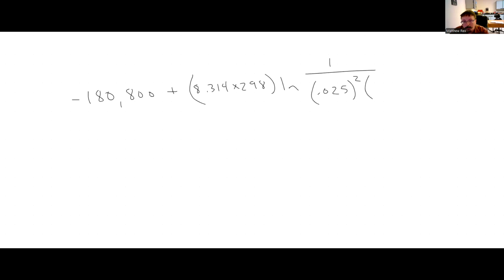Calculate delta G at 298 under the conditions shown. So very similar to the other reaction. Duplicate question kind of by accident. You're just going to set it up the exact same way, and you just have slightly different values that you plug in. So you'd have negative 180,800 plus RT ln of Q, but now your Q is going to look like that.